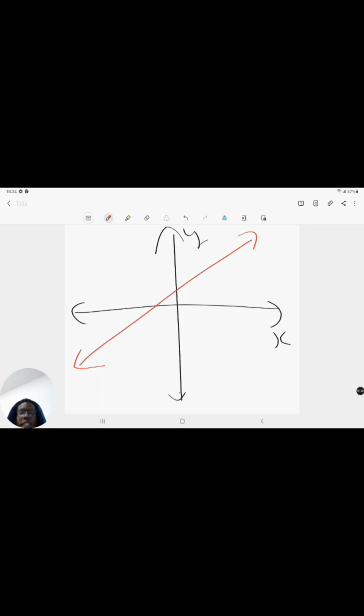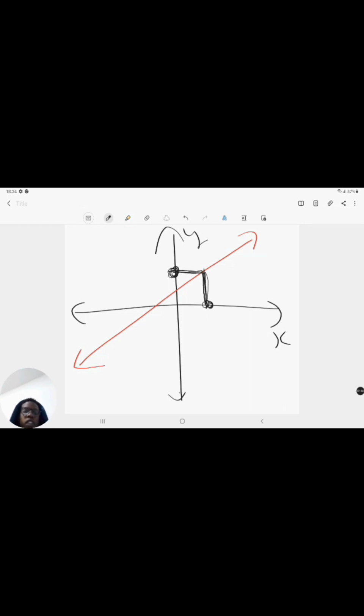Right, now a straight line graph, or a straight line function, is a type of function where you only have one x value corresponding to one y value, and they relate to one another.